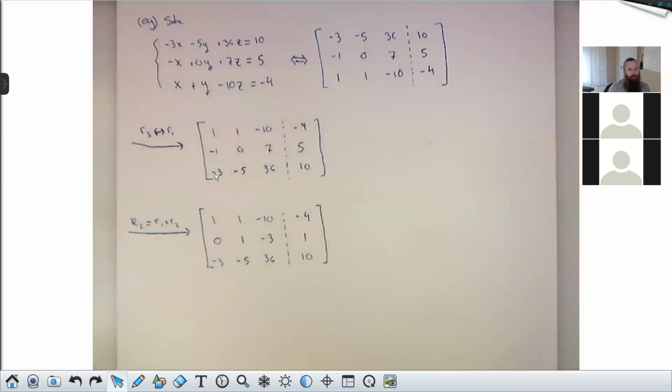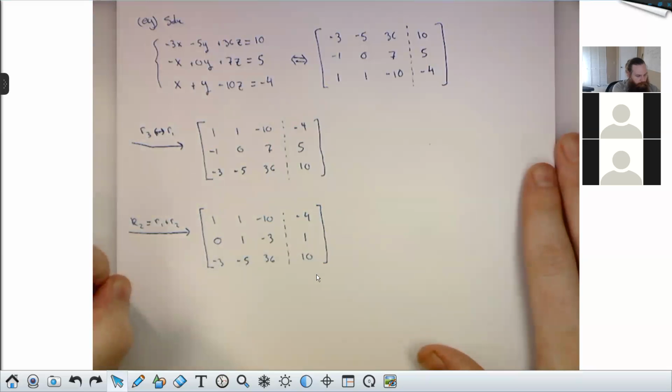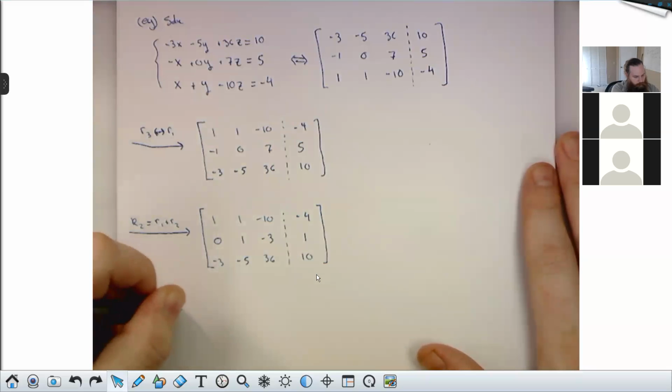Now I've got a 1 in my first pivot and a 0 directly below. Next, I need to make this 0. Best row op for that is to multiply row 1 by 3 and add it down here. So my new row 3 is 3 times old row 1 plus old row 3.